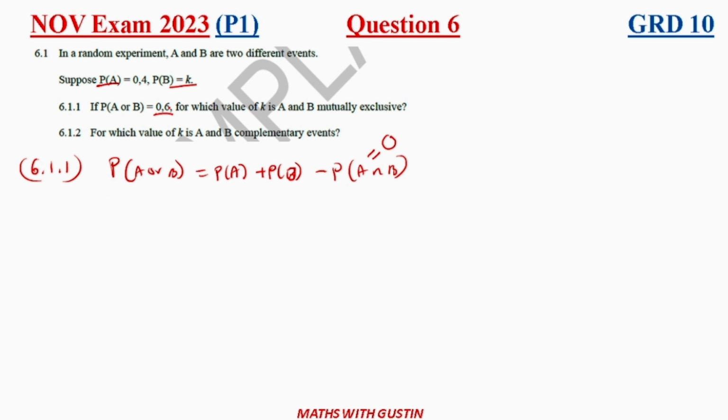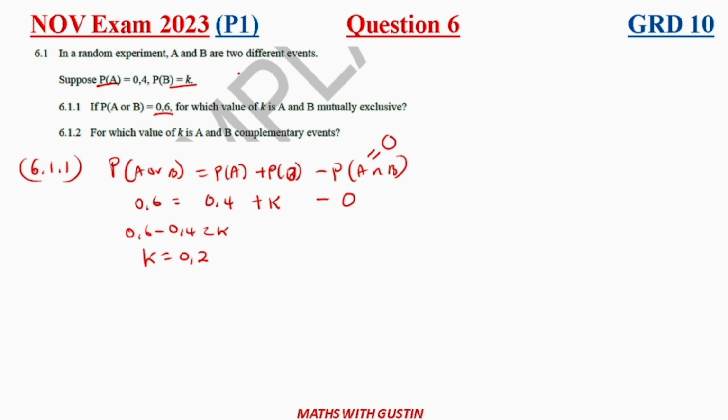So the probability of A or B is 0.6, which equals the probability of A, which is 0.4, plus the probability of B, which is K. Here the intersection is just 0. So now we need to find K. We just take 0.6 minus 0.4, that side, which equals K. So therefore K is equal to 0.2.